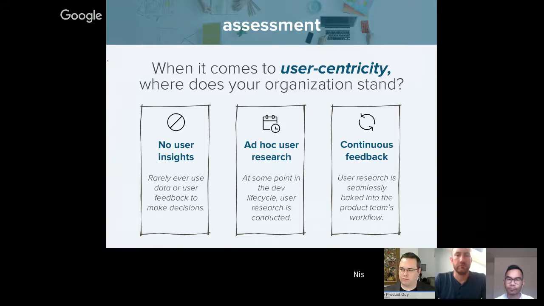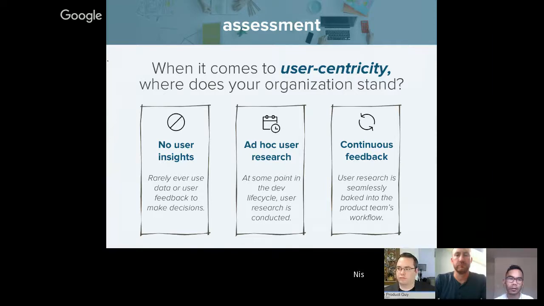So there's obviously a lot of gradients in between these phases, but I've simplified it just so I could go over some of the most common ones I see. So the first, all the way on the left, is doing no user insights, getting no feedback, and just going based on gut reactions and shipping the products that you think, as a product manager, whoever is responsible for the product, thinks is needed. The one in the middle is some form of ad hoc user research.